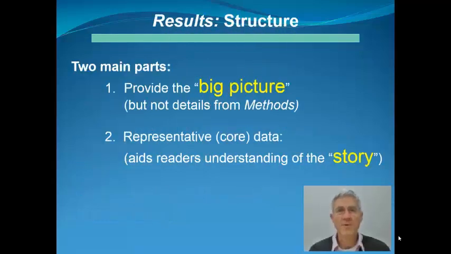When writing up the results, there is a temptation to jump straight to the most interesting data. But before doing this, you need to give your listener a general overview or the big picture of what the results found before progressing on to the details of the core data.